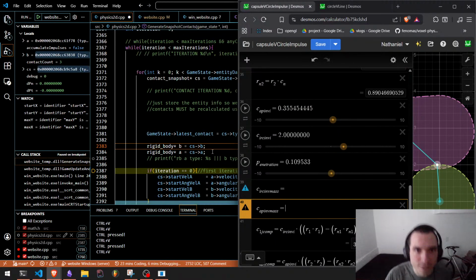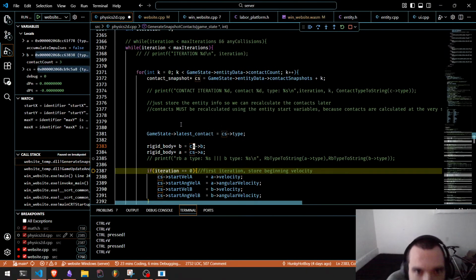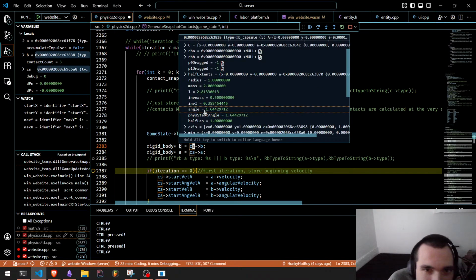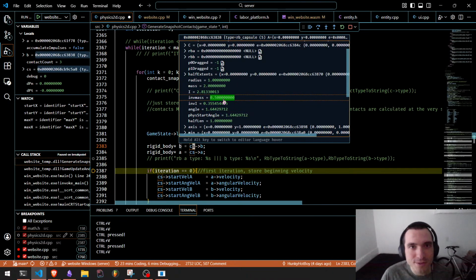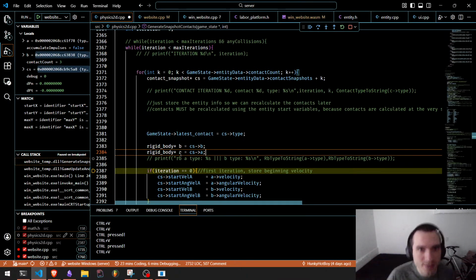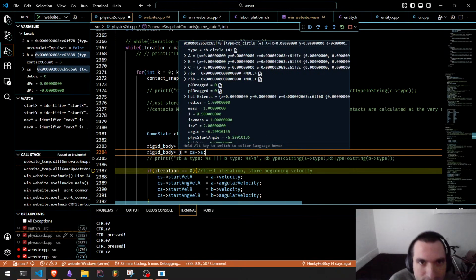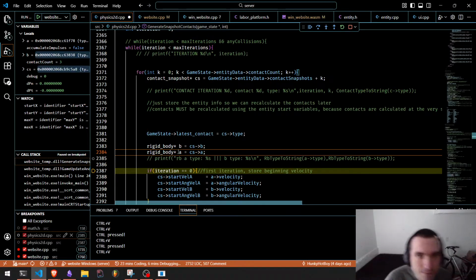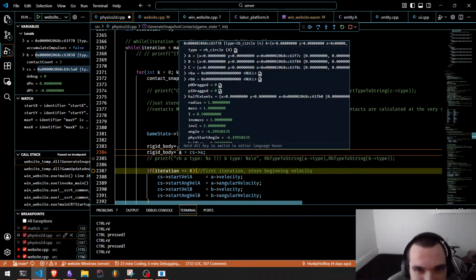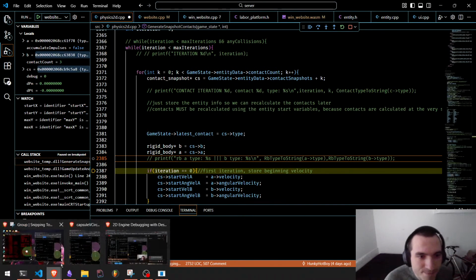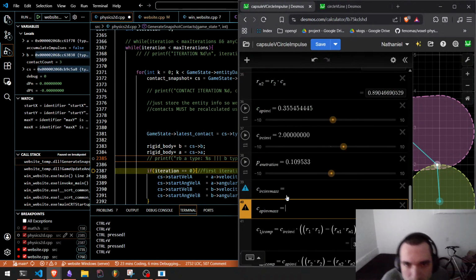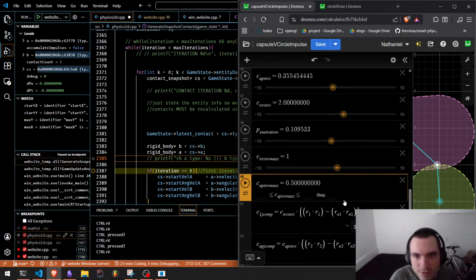That'll be some value. Inverse mass of the capsule is 0.5. And the inverse mass of the circle is 1. Right? RV circle, 1. Yeah, okay. That'll be 1, that'll be 0.5.